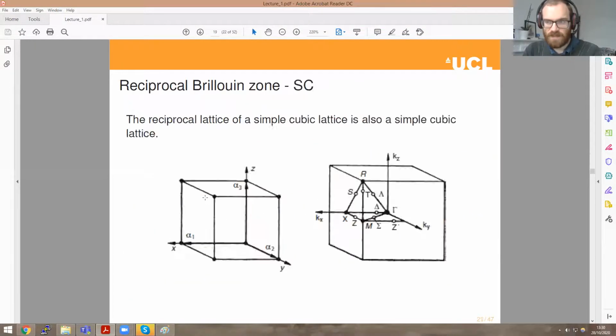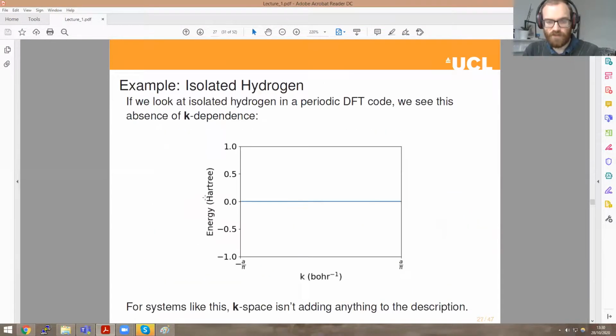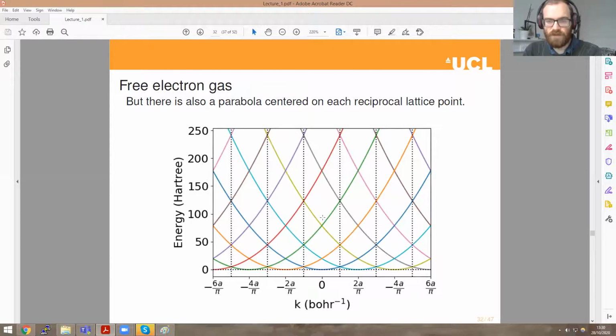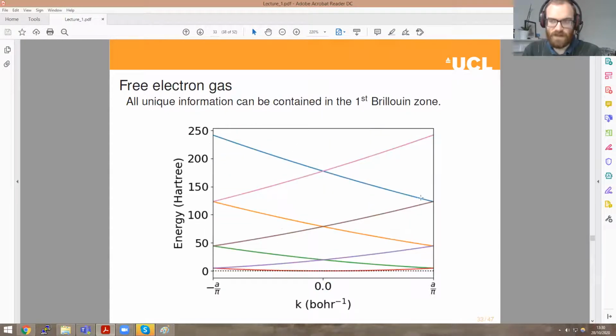It's the same with the way k-space is filled up by electrons. So you can just focus on this reciprocal unit cell essentially, the section that's repeated over and over, and just look at that whenever you're thinking about how the electronic structure works.